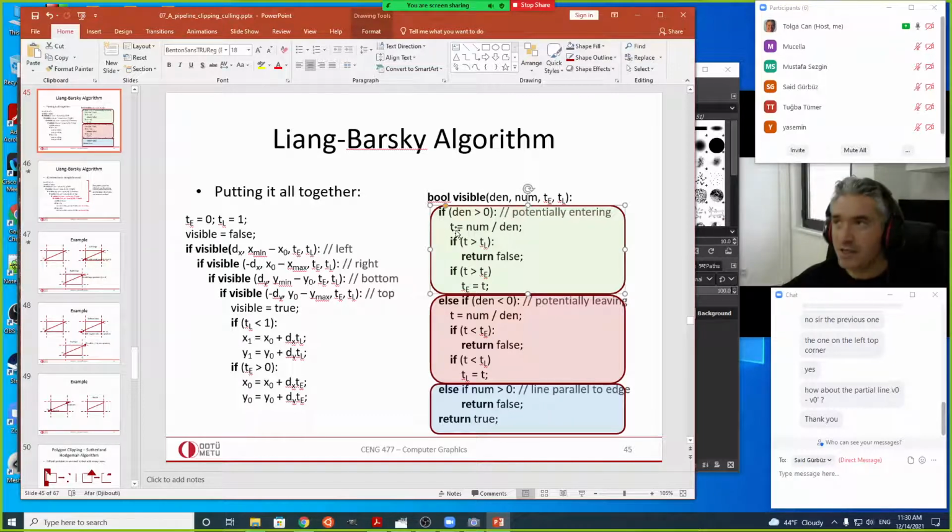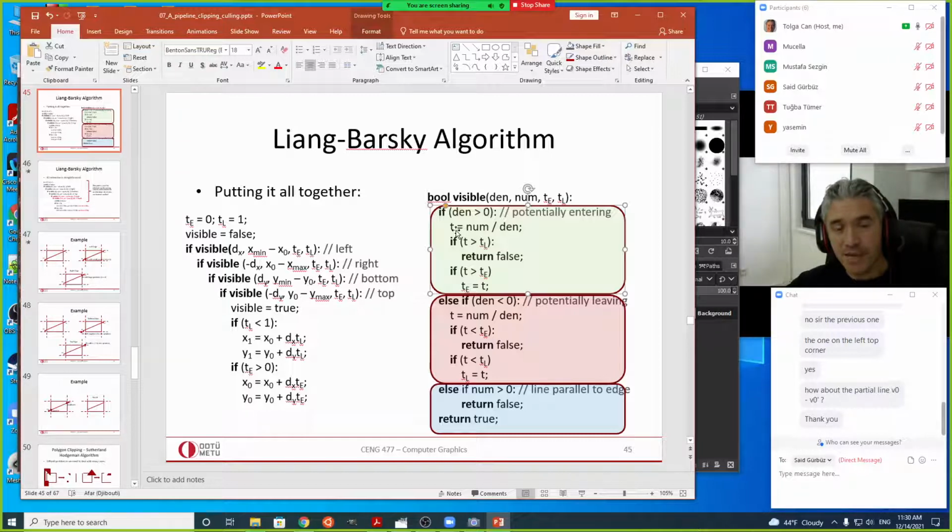But it's just keeping track of a single parameter. It doesn't keep track of the xy coordinates of the endpoints of the line. So it doesn't actually compute this v0 prime, v1 prime. The points are not computed, but just where the parameter along the line is, this is what we keep track of.